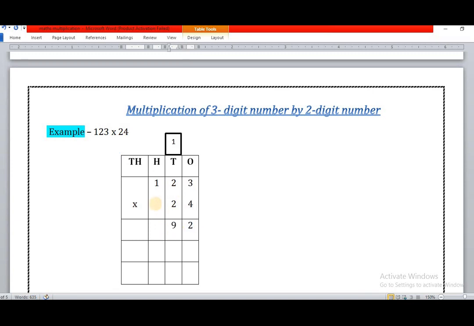You have to write 9. And the third, you have to multiply the number in 100 place by 4. 4 ones are 4. Clear the step? Now comes the next one.